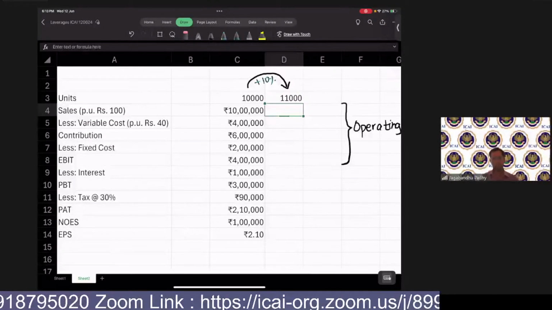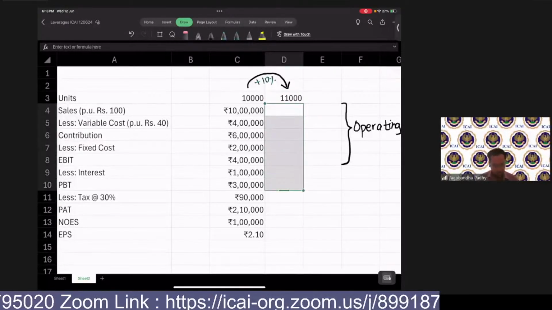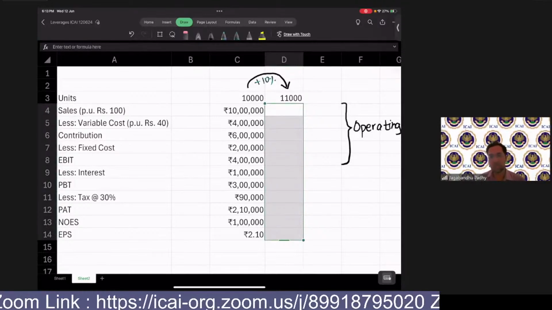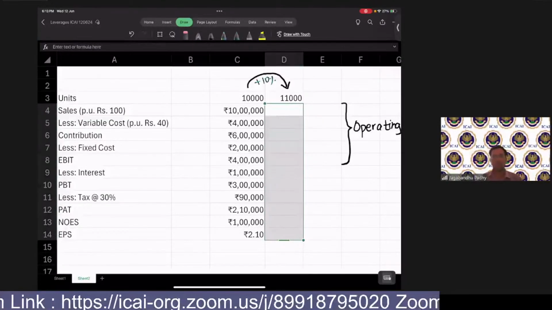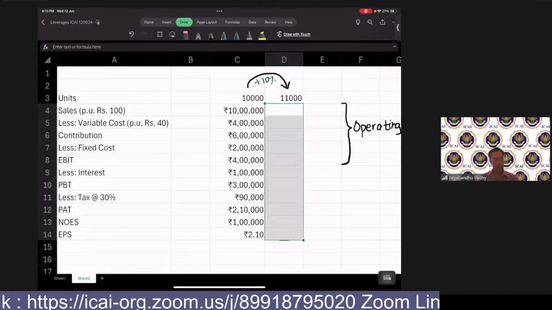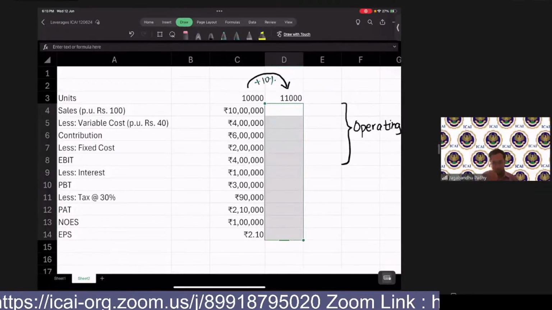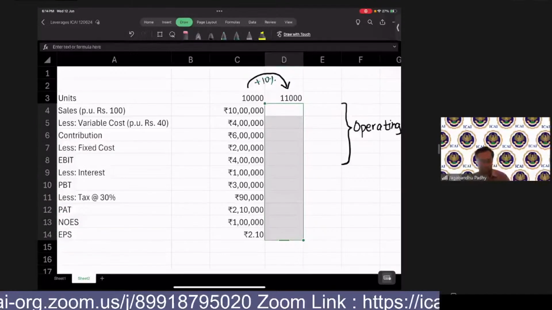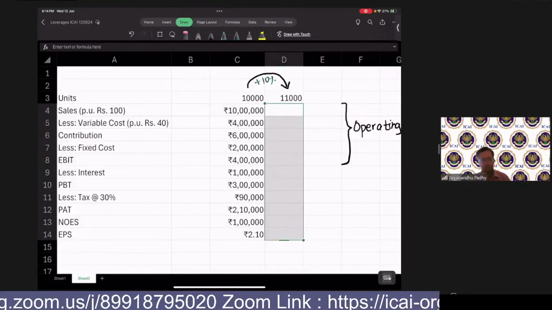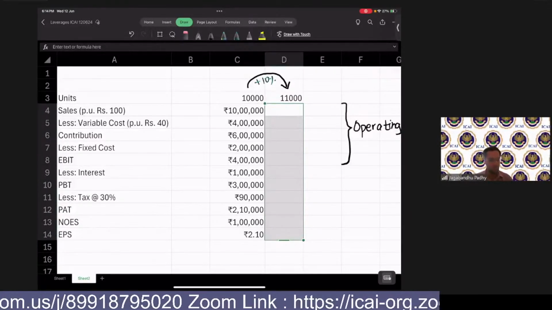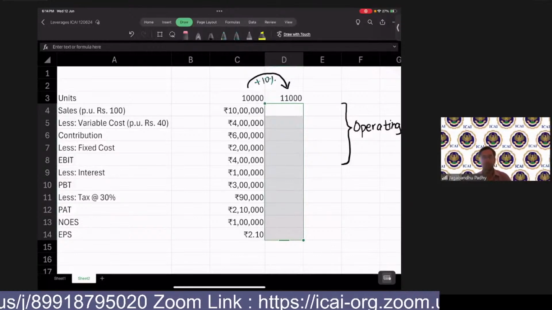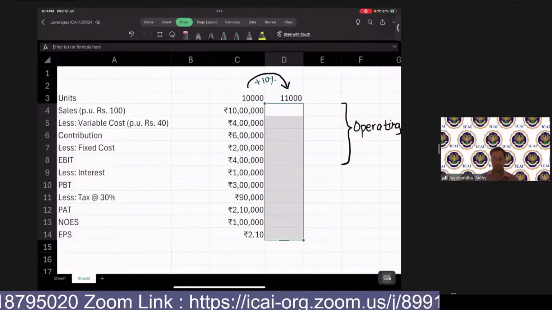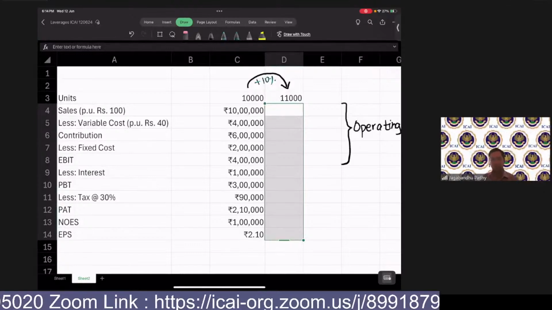Now I want you guys to completely fill this income statement. I'll give you a minute. Quickly fill up these entire numbers. You can write down whatever numbers you're getting. Fill up this entire income statement. If I'm able to increase my units of sales from 10,000 to 11,000, what is the resultant impact? Just give me all the numbers that we have.